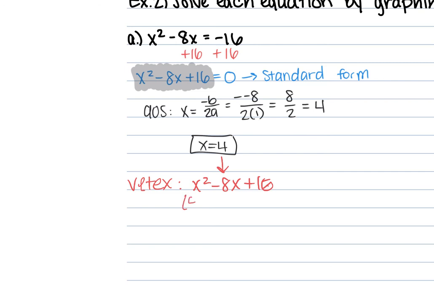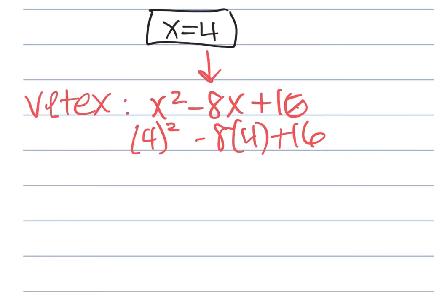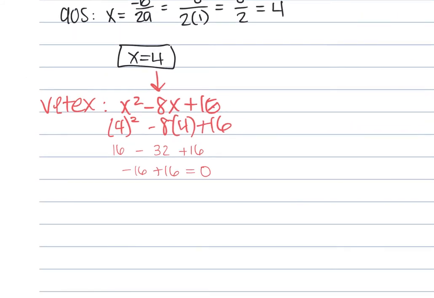So this will be 4 squared minus 8 times 4 plus 16. This is going to be 4 squared, which is 16, minus 32, plus 16. Combining 16 and negative 32 gives negative 16, plus 16, which gives me 0. So my vertex, my x value is 4, and my y value is 0.